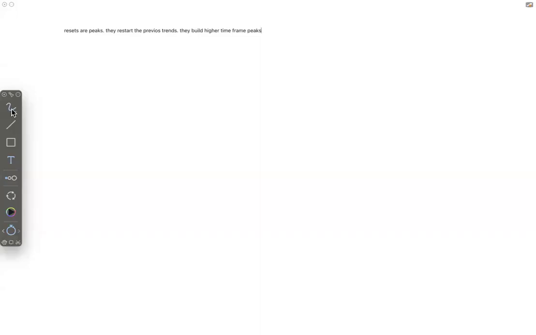So we said resets are peak formations. What do we mean by that? We mean when a pair forms a peak and then moves into level 1, moves into level 2, and then moves into level 3.